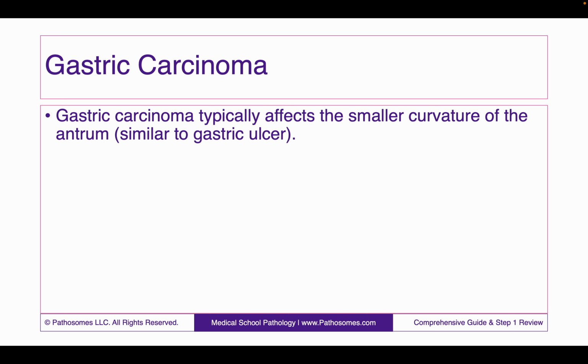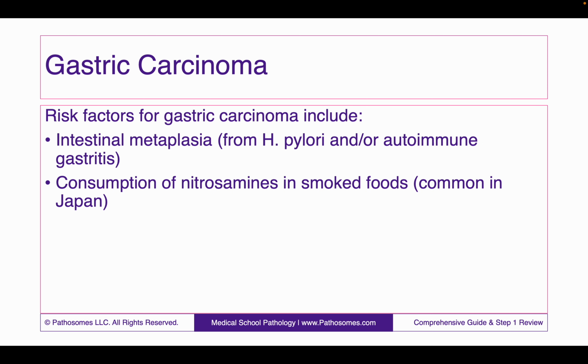And keep in mind that gastric carcinoma typically affects the lesser curvature of the antrum, which is similar to the gastric ulcer. Risk factors for gastric carcinoma include H. pylori or autoimmune gastritis, or even consumption of nitrosamines in smoked foods, especially in the land of the rising sun.